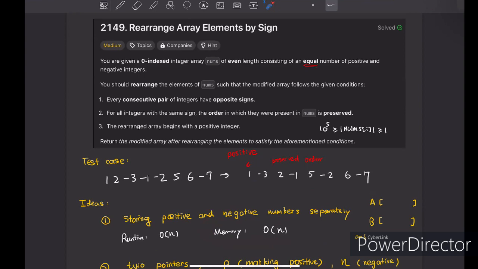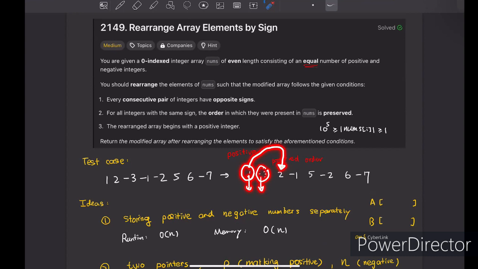However, is it necessary to use additional memory to store the positive and negative numbers? Can we do something like, when we go through the array and we miss some positive number and negative number, we write it in an array, and then for the positive one, we go find the next positive.